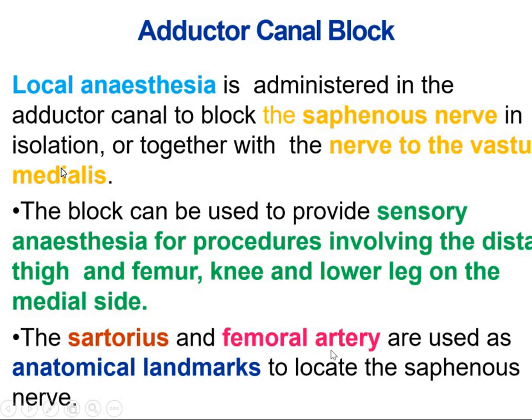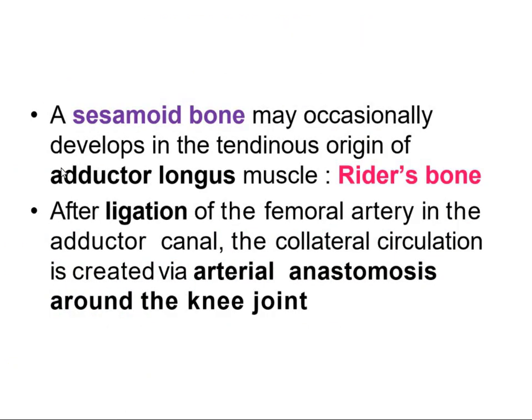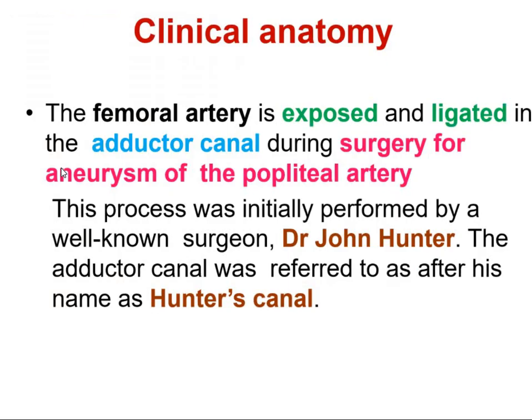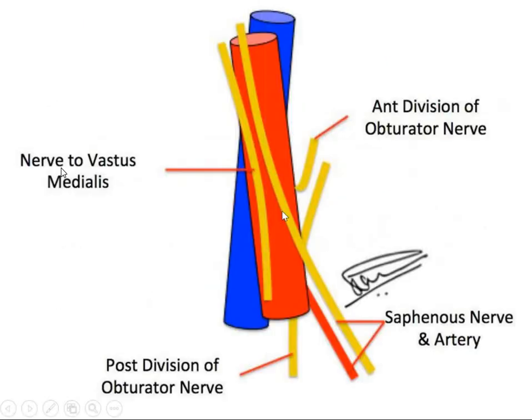Then the sartorius and the femoral artery are used as anatomical landmarks to locate the saphenous nerve. So this saphenous nerve is present in relation to these two structures. You can see these two structures, obviously sartorius, will cross over it.